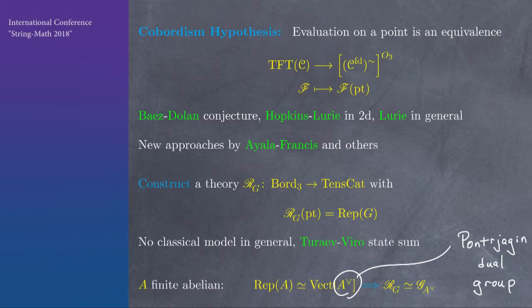That's the Pontryagin dual group, A check. And so a representation is just given by the multiplicity spaces, which is to say it's a vector bundle over A check. And if we tensor representations here, that corresponds to convolutions here. So in other words, this theory, in the abelian case, is a gauge theory. It's the gauge theory for the Pontryagin dual abelian group.